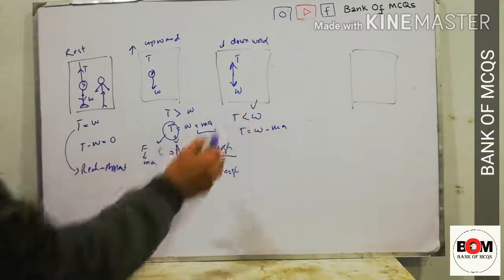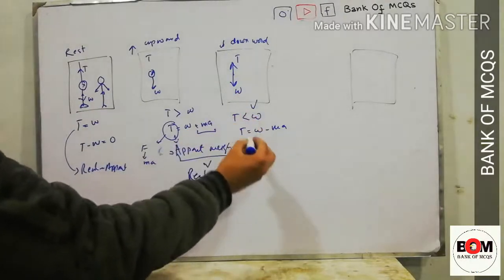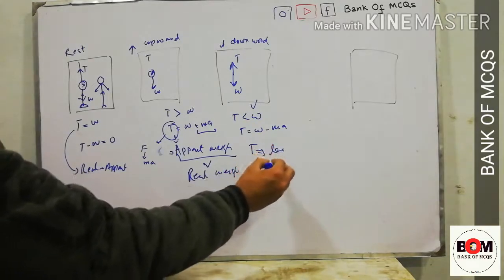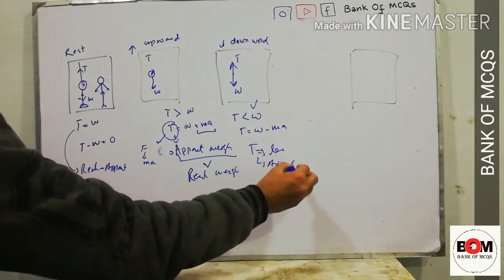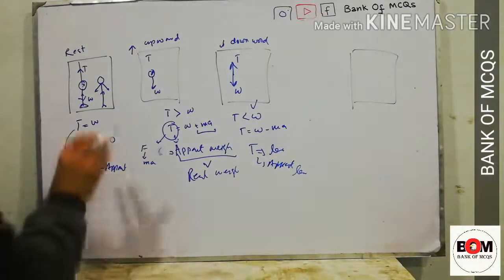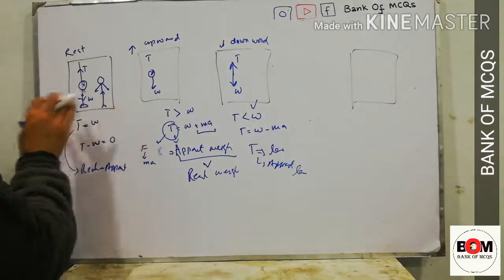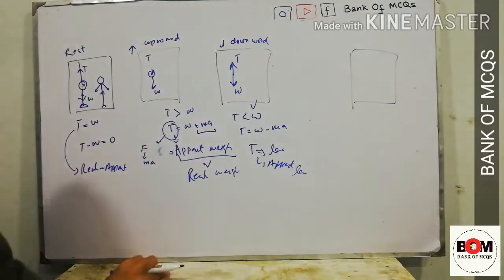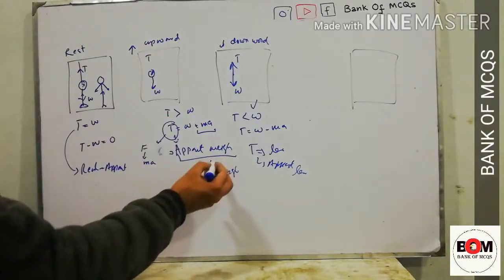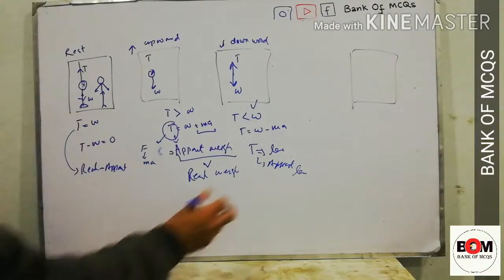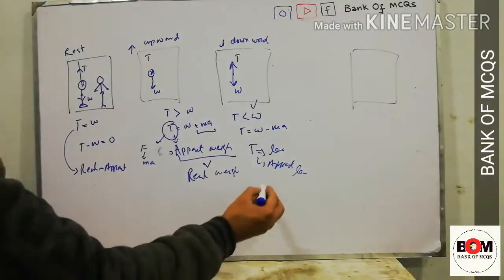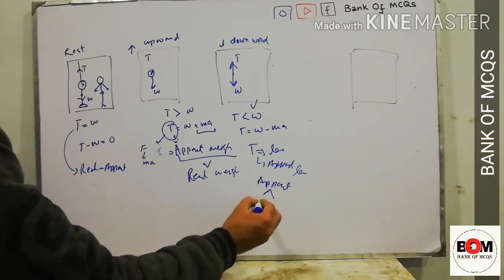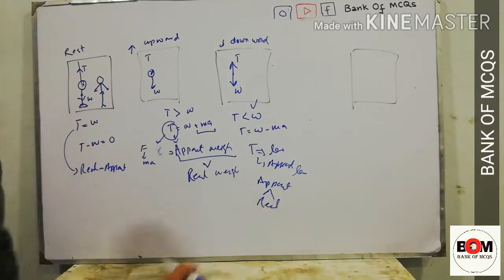W is greater and T is less, which means the apparent weight is less. So as the lift is at rest, it shows the original weight. As the lift moves upward, the apparent weight is more than the real weight. In the third case, if it is moving downward, the apparent weight is less than the real weight.